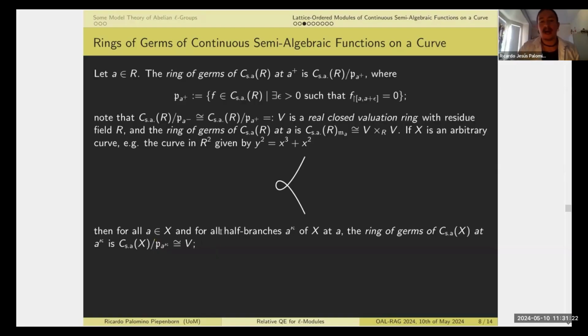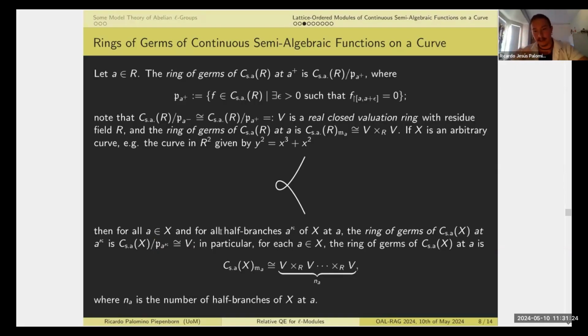So in particular, the usual ring of germs of semi-algebraic functions on this curve at a point is just going to be given by an iterated fiber product of these valuation rings, where the number of valuation rings appearing in this expression is exactly the number of half branches of this point on the curve.